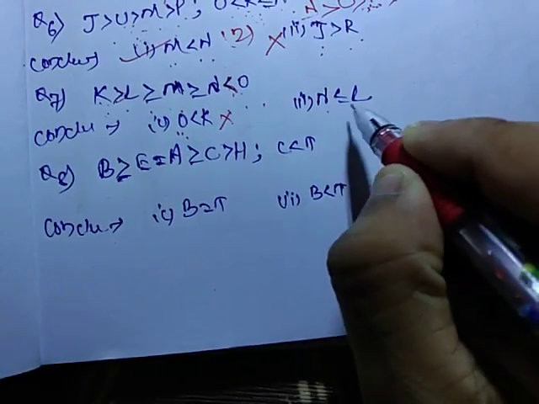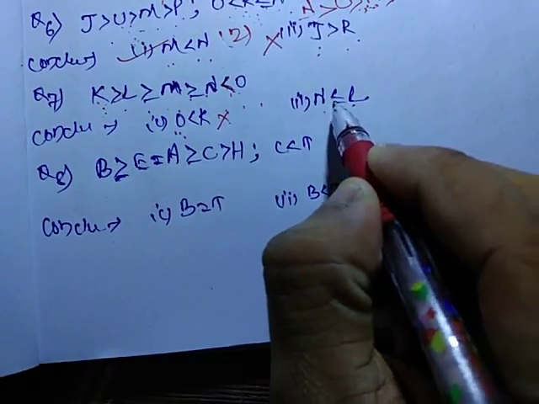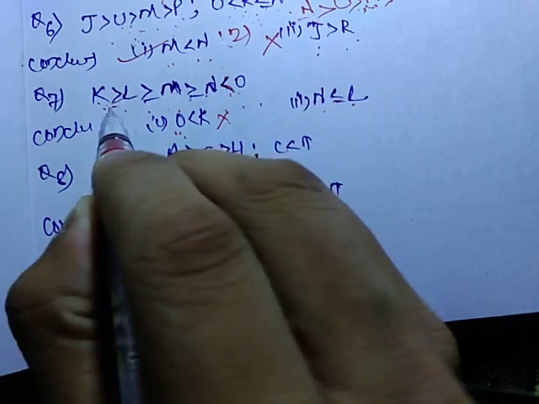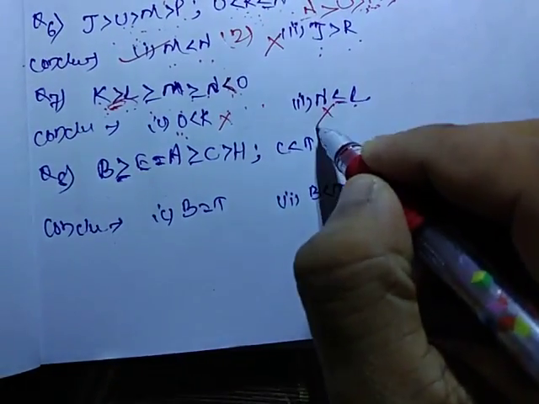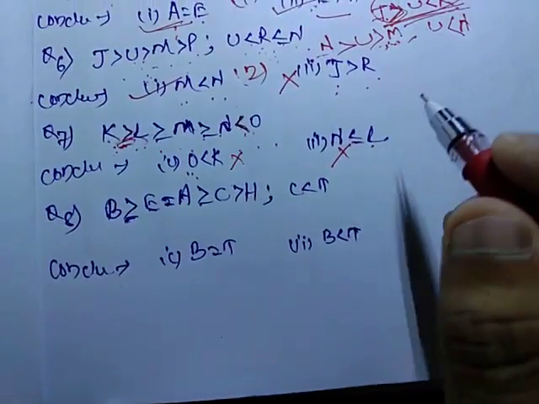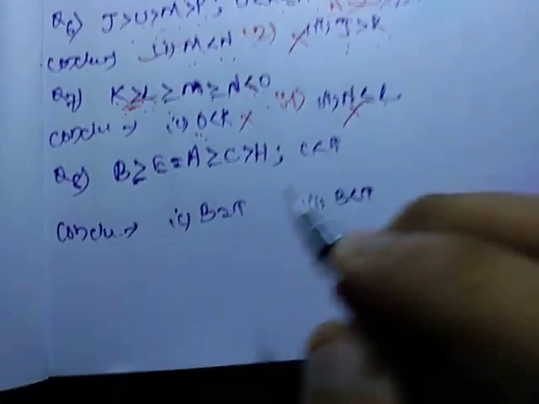Now n is less than or equal to l: true or false? It's false because the equal sign is missed in this statement, so this statement is also false. So our option number 4 is the answer of that question.